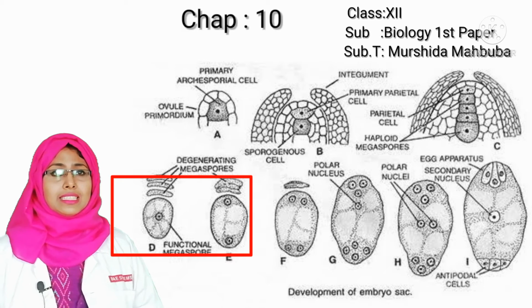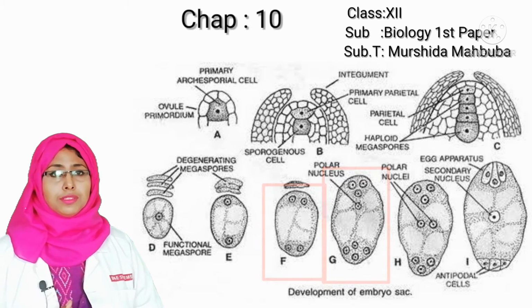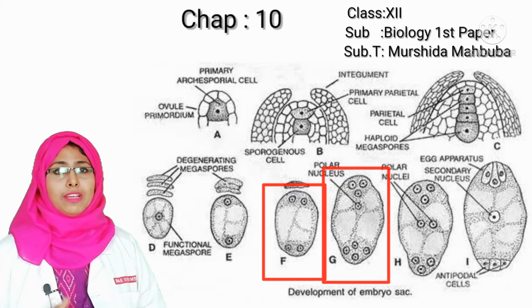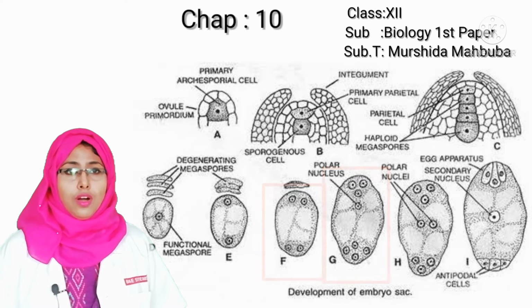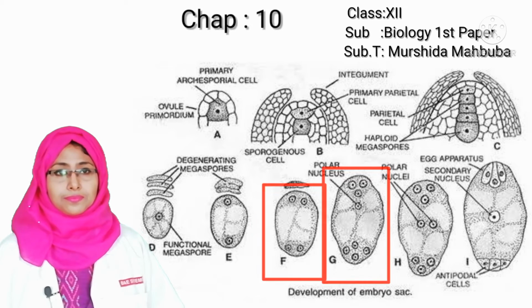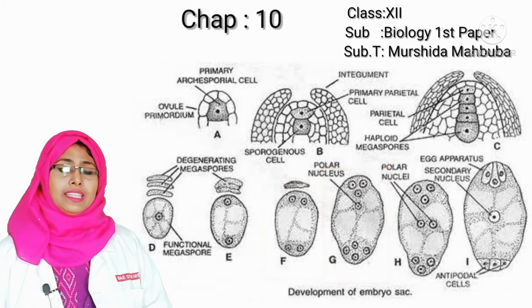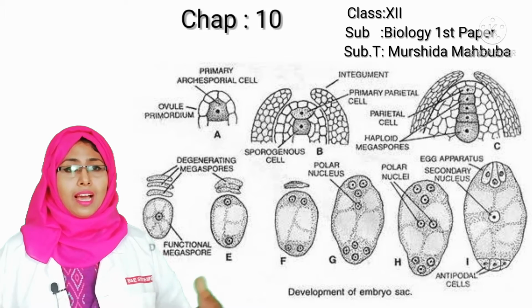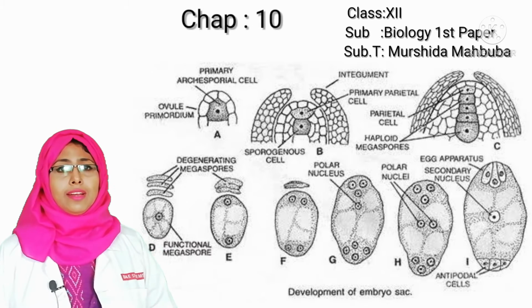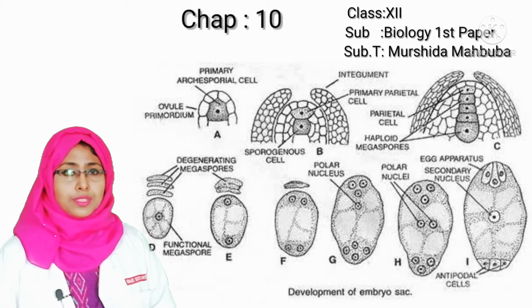Each nucleus then undergoes two successive mitotic divisions, forming four nuclei at each pole of the cell. Thus, an 8-nucleated gametophyte is formed. At the same time, the megaspore enlarges into an oval-shaped structure called the embryo sac.